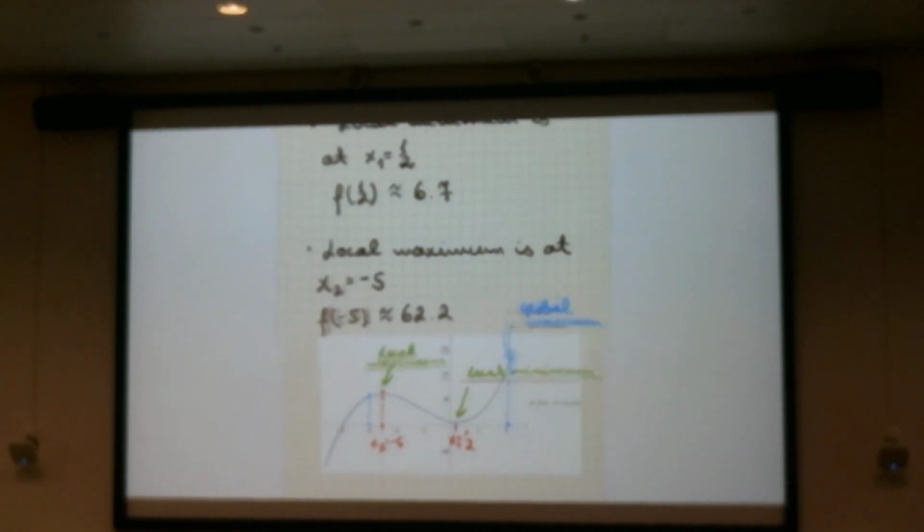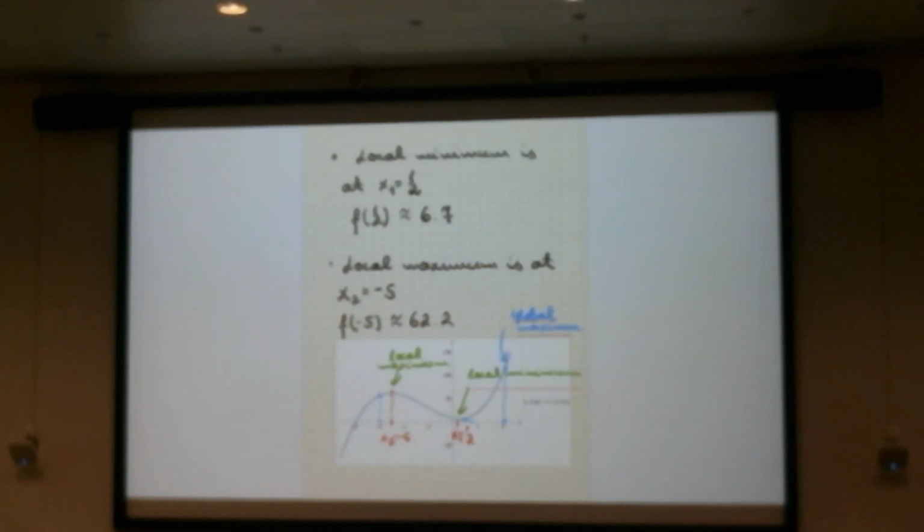So we can write this down. That global minimum, if we consider x values from -6 to 4.